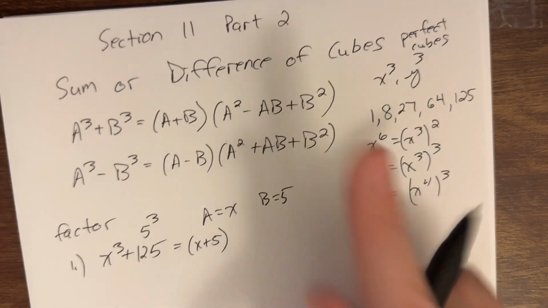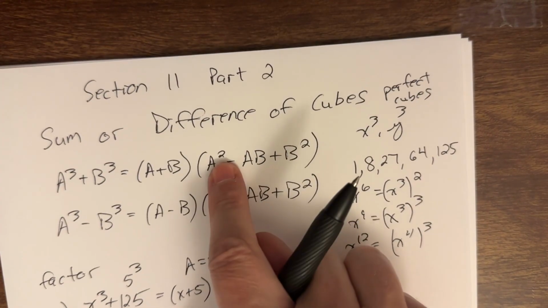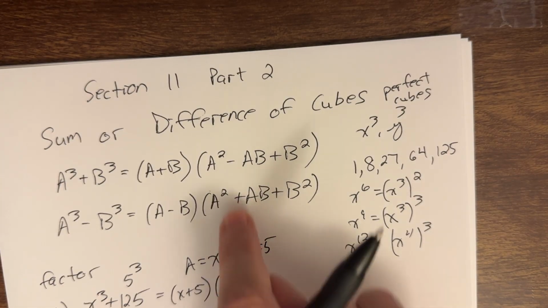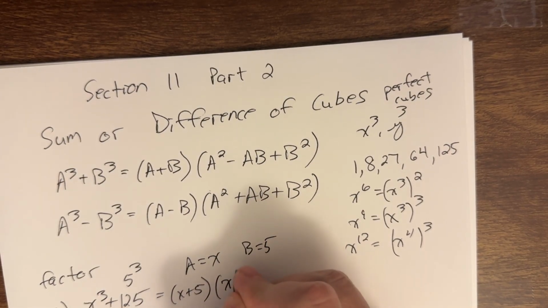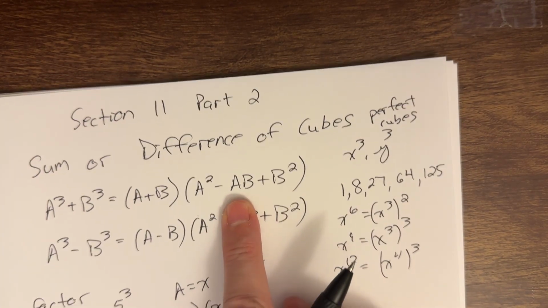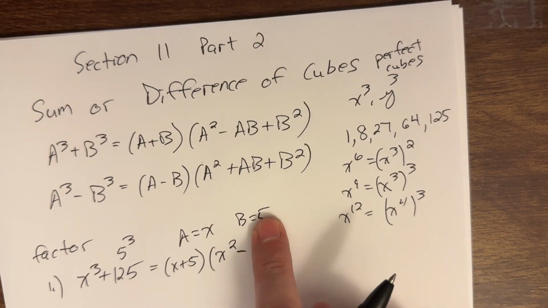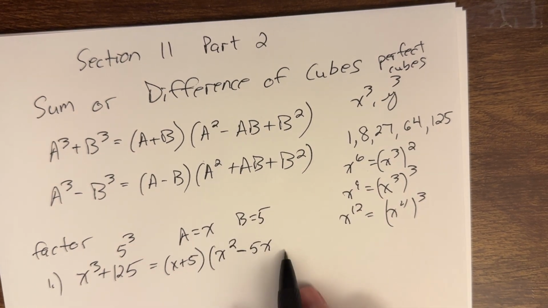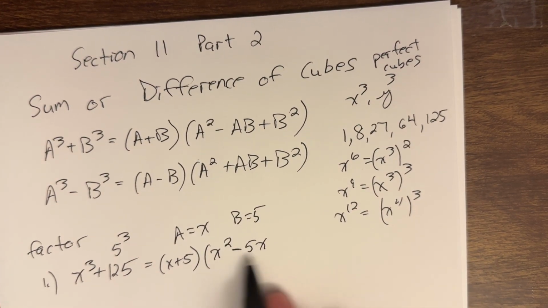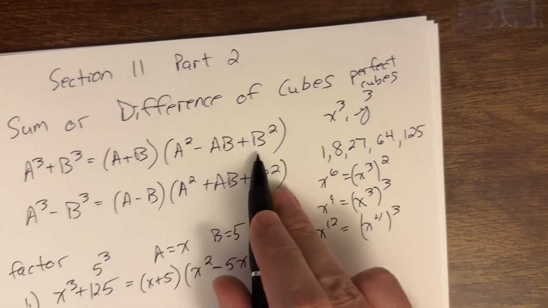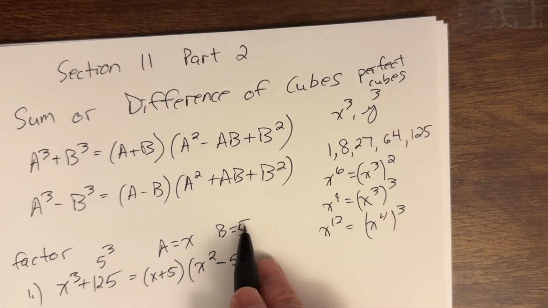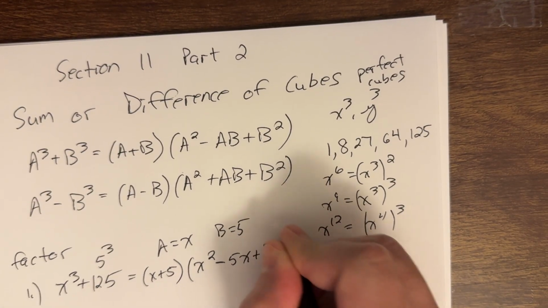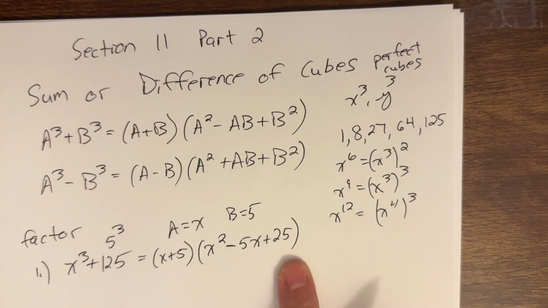And then in my second part, A squared, well, A is x. A squared will just be x squared minus A times B. Well, A times B, x times 5. We more traditionally write that as 5x, not x times 5, but that's our middle. And then B squared, 5 squared, will give me a 25 on the edge.